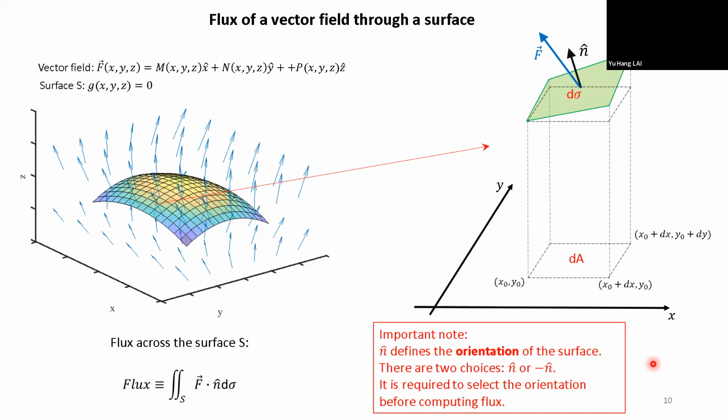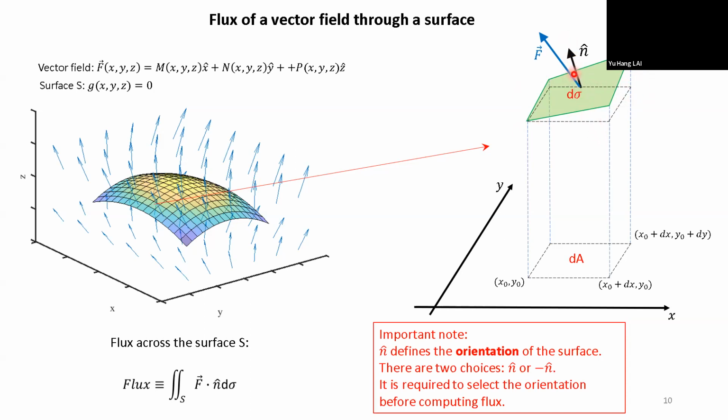However, one thing to take note is that when I talk about n, n, of course, as I've said already, is the normal vector for this d sigma. But you can always have two choices: whether it's pointing up like this, or the exact opposite direction, pointing down.